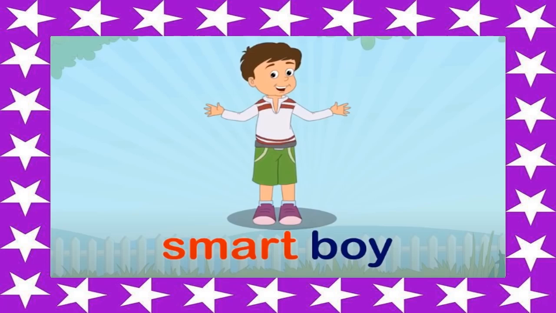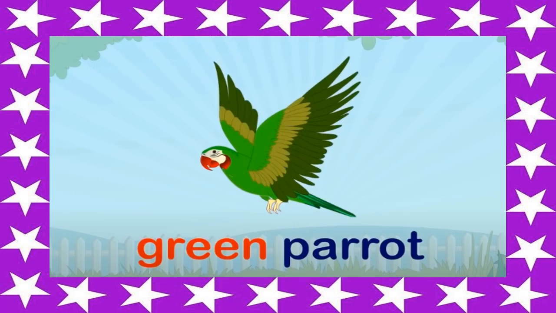The word smart describes the quality of the boy. Then next, green parrot. Here the word green is an adjective. The word green describes the color of the parrot.